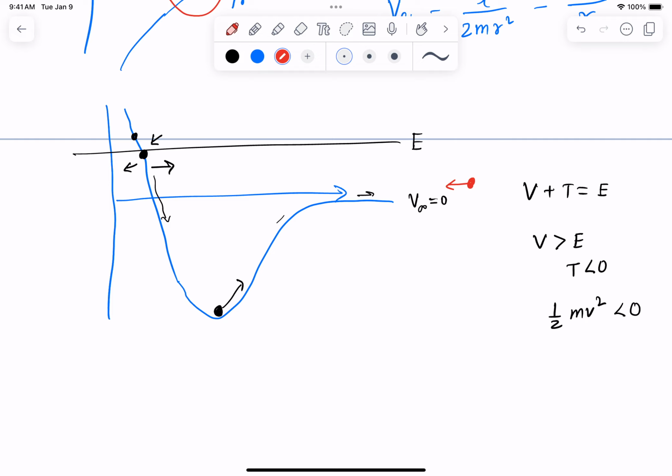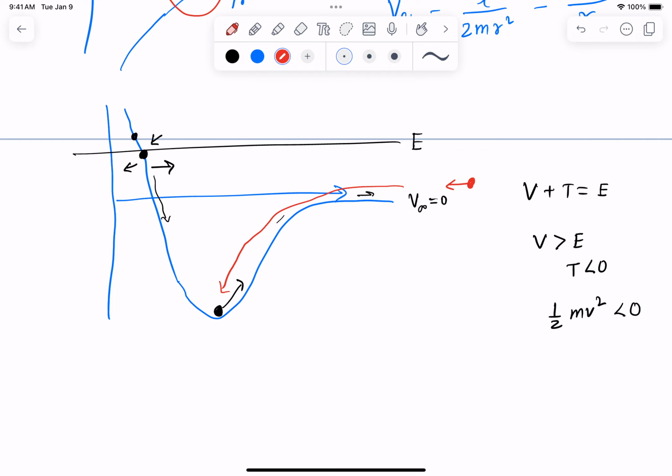As it comes more and more towards the left, its kinetic energy keeps on increasing, the potential keeps going down, so it keeps getting attracted, and it goes into the well where it has the maximum kinetic energy.